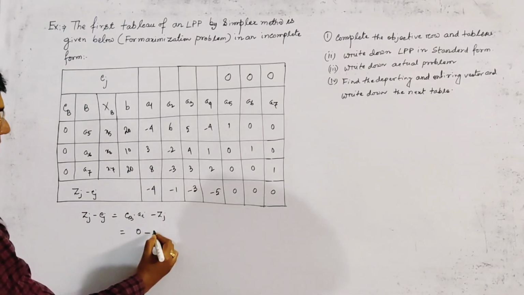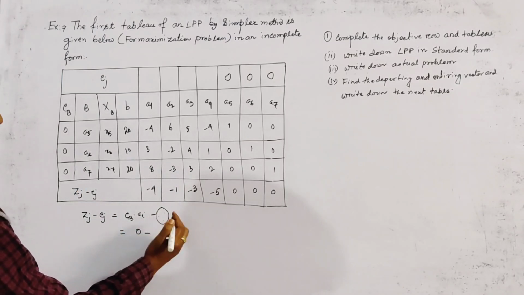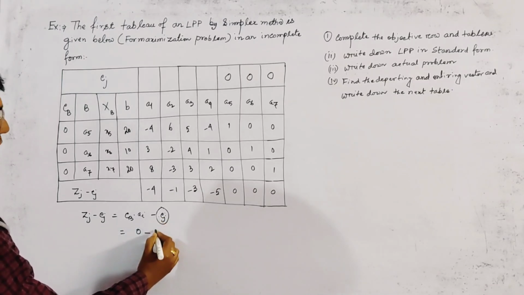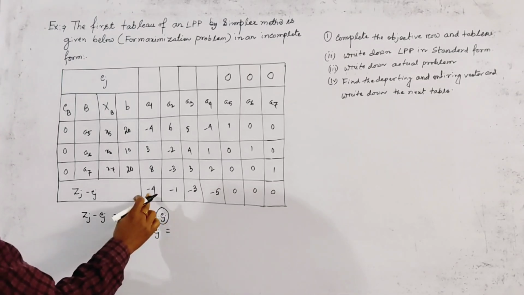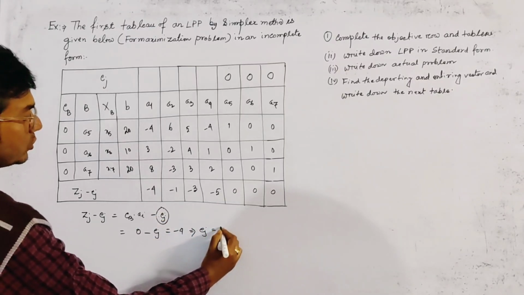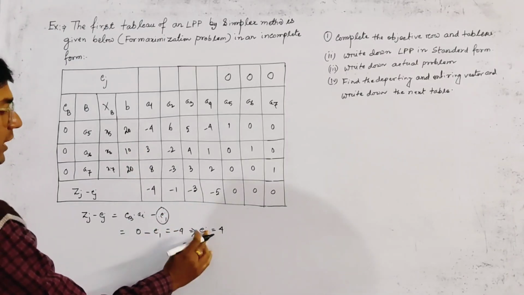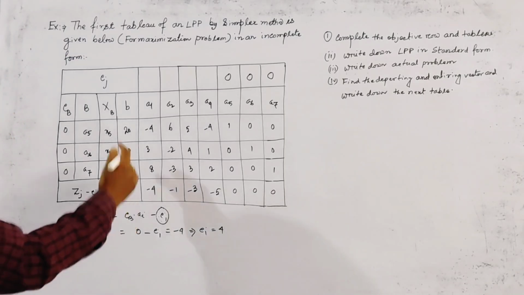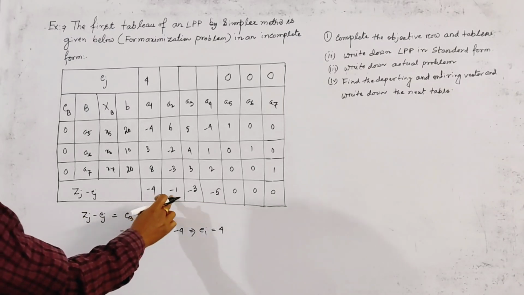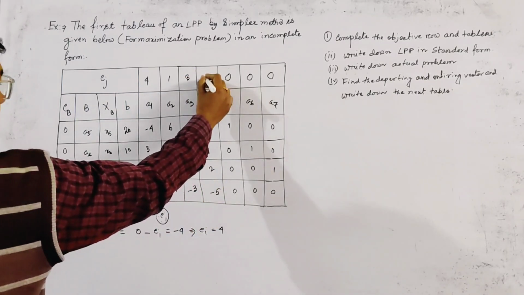Minus Cj, sorry, this is Cj, not Zj, and this is given by -4. Clearly Cj is equal to 4 for the first column, that is C1. So we write here C1 equal to 4, and using a similar argument here we write 1, here 3 and this is 5.